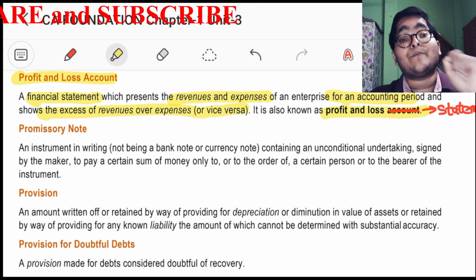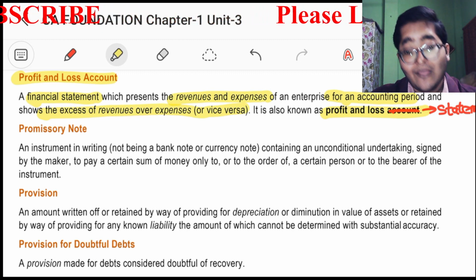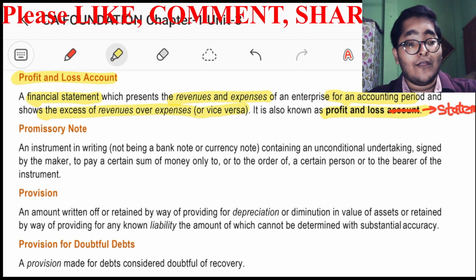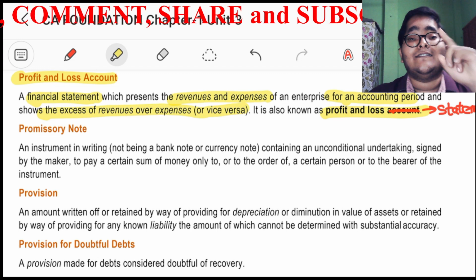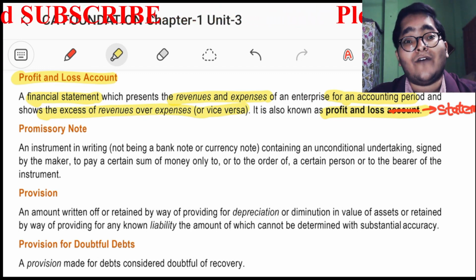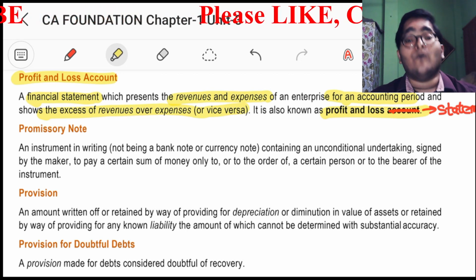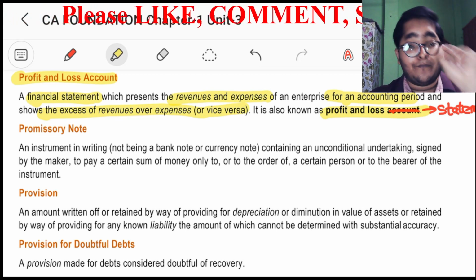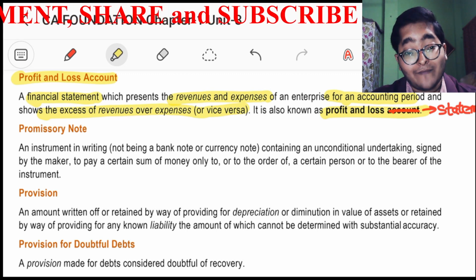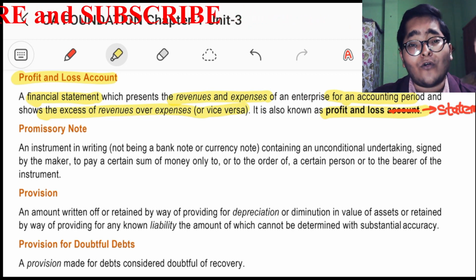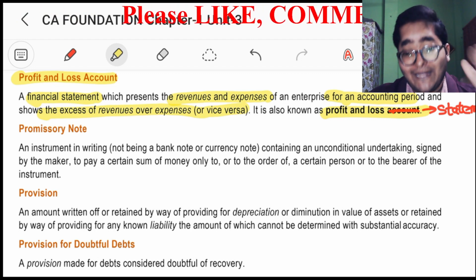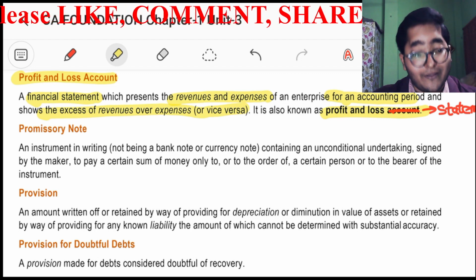To pay, there is a promise to pay a certain sum of money only to the drawer, maker. So yes, in the case of a financial instrument, there is a maker and the other one is the taker. The promissory note should be payable to the taker or to the order of the taker, to a certain person, or to the bearer of the instrument.